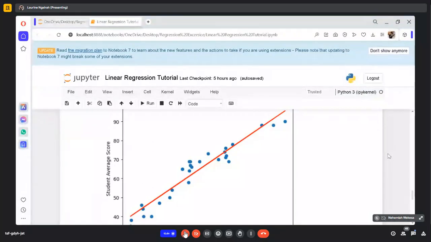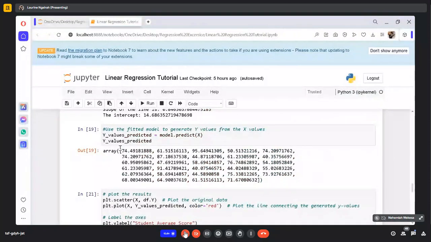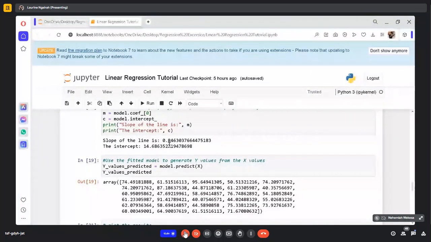We have calculated, we have predicted the values of y using that formula, y equals to mx plus c. And we were able to get our intercept c, which was at 14 point something, and then our m, which is, just scroll down a bit, Laureen. Our m is 0.8 something.